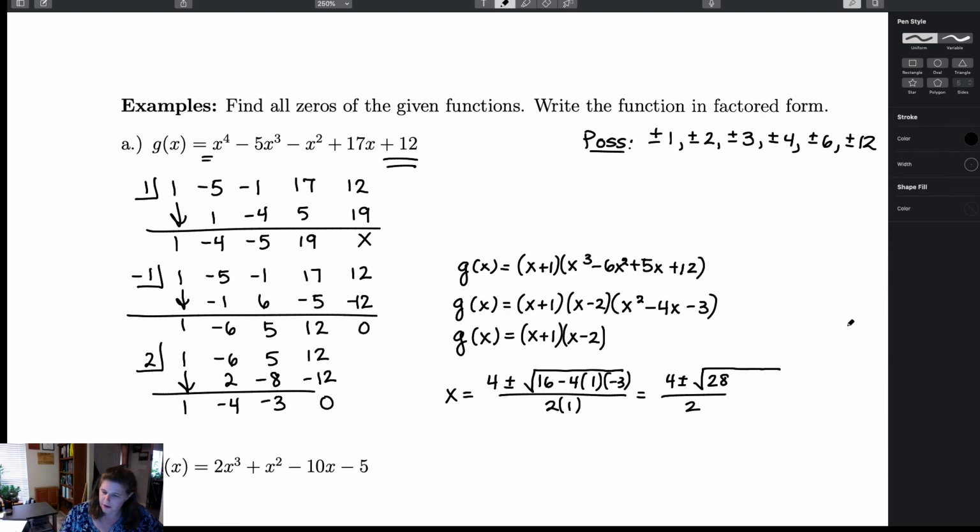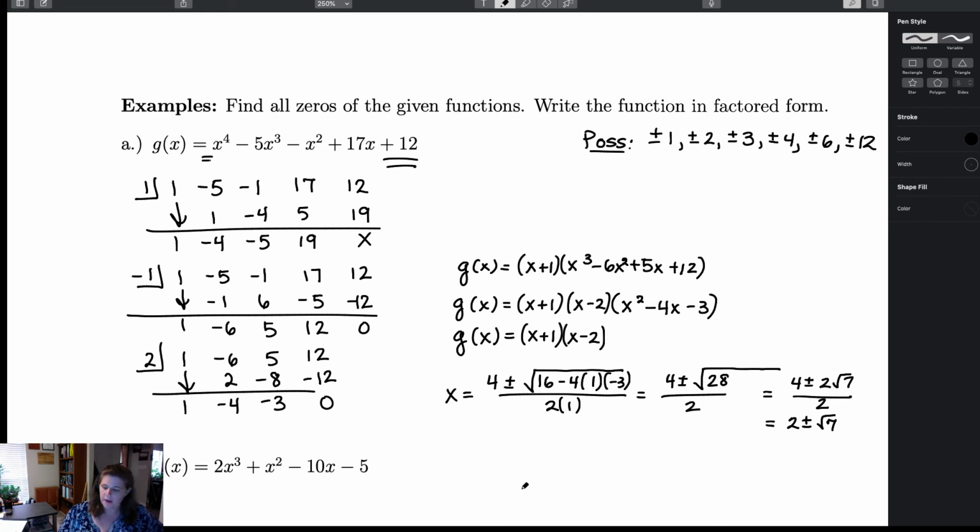And simplifying, square root of 28 doesn't simplify, but it is 4 times 7. So this is 4 plus and minus 2 square root of 7 over 2. I can cancel a 2 throughout, simplifying it into 2 plus and minus the square root of 7.